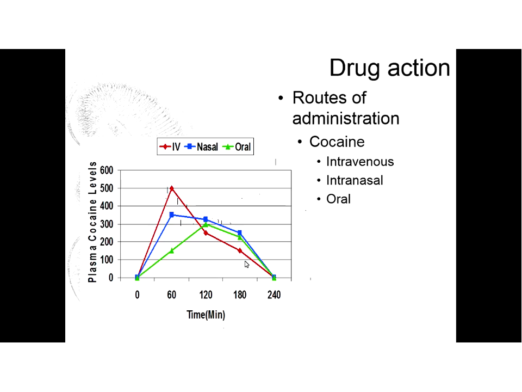Now, oral, ingesting cocaine orally, we see that that is going to translate into a much lower peak initially, and then it'll gradually increase and then decrease over time, so that we're not having as much cocaine with that oral route of administration that we would have with intranasal or intravenous.